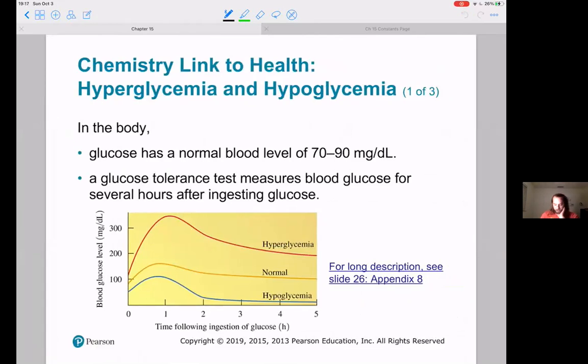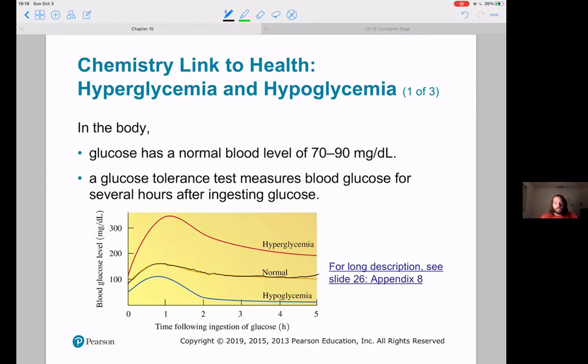All right, the human body goes way out of its way to try to maintain a constant blood sugar level at all times, right? So right after you eat, it might spike a tiny bit, but then it will sort of plateau out, and your body wants to keep it within this very narrow range.